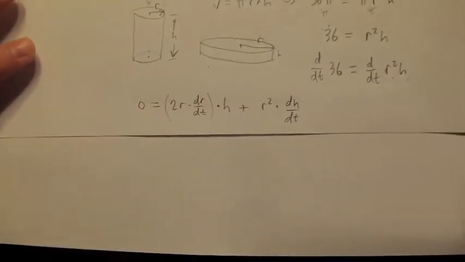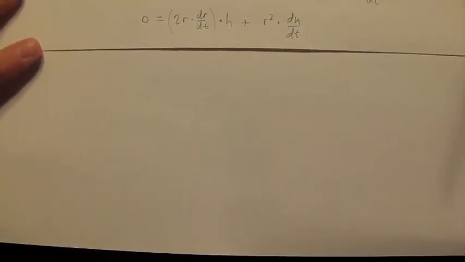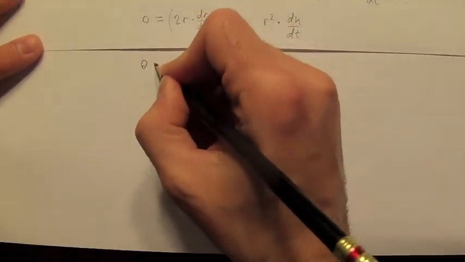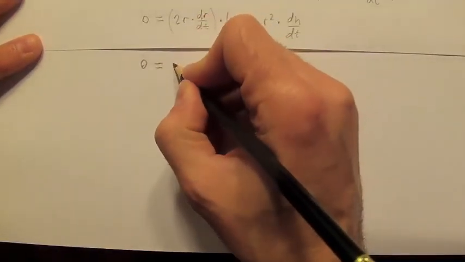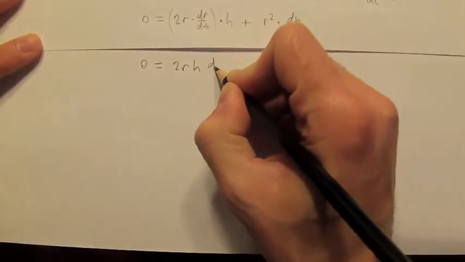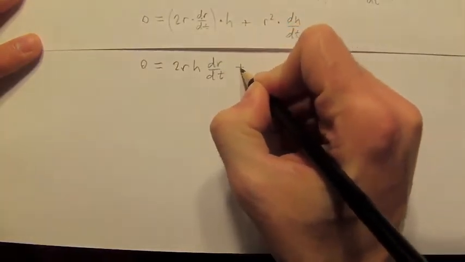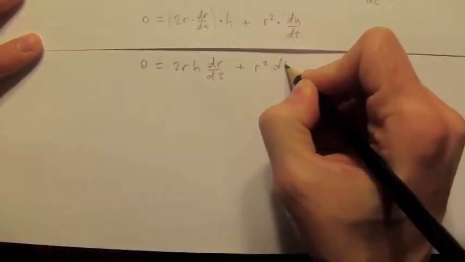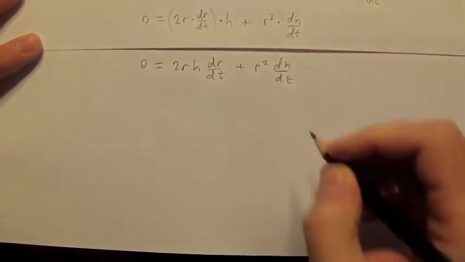Okay. So let me rewrite this so it looks a little better. I have now 0 is equal to 2rh dr/dt plus r squared dh/dt.